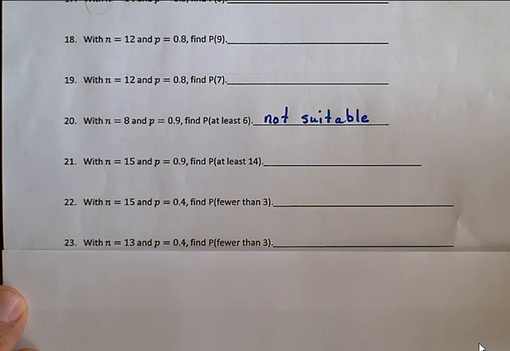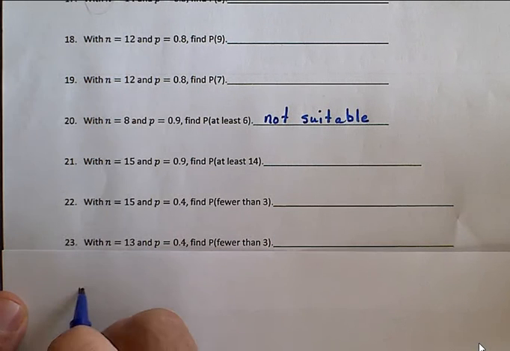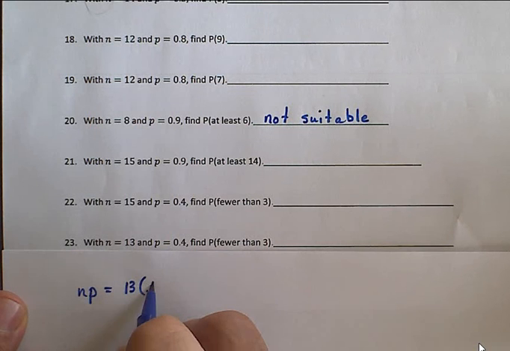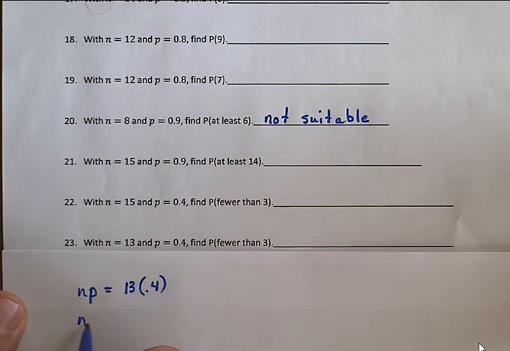Okay, so again, on 23, so n times p is 13 times 0.4. N times q is 13 times 0.6. NPQ square root is going to be 13 times 0.4 times 0.6.